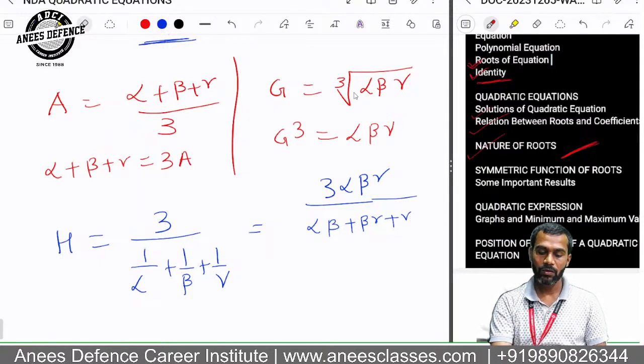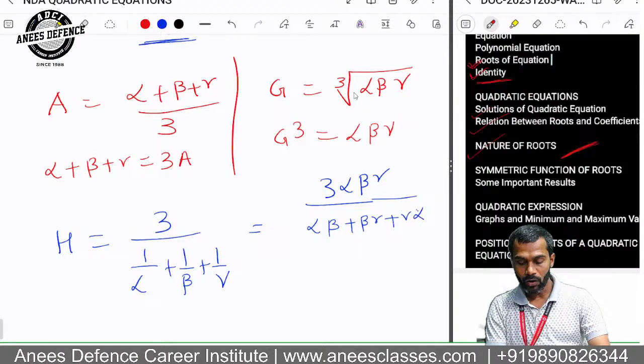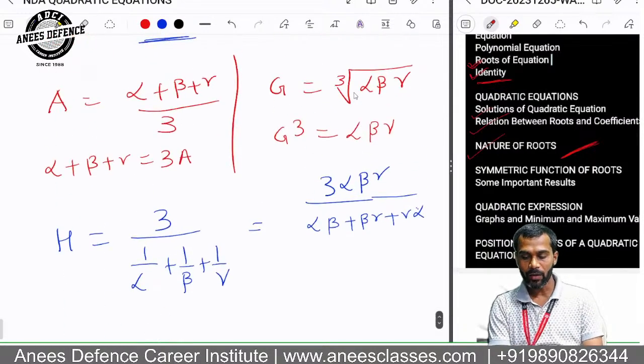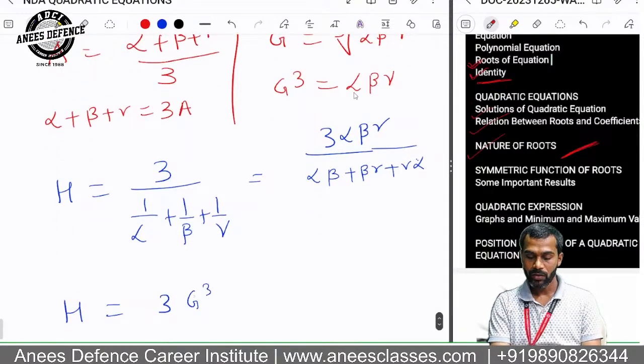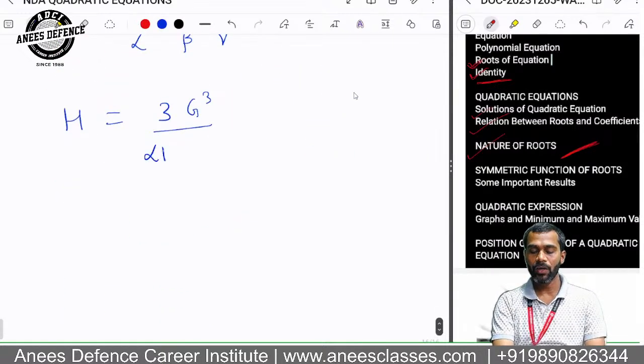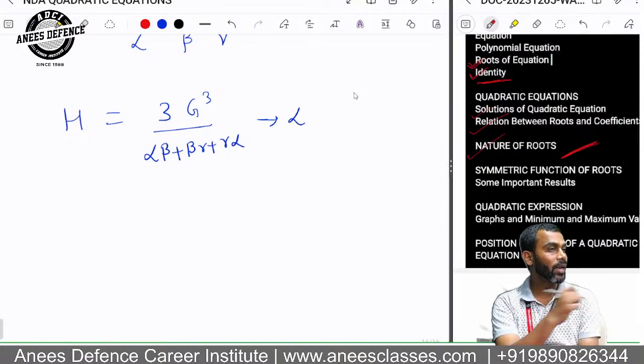Okay. Next, what we have to do? Now, H is equal to 3 alpha beta gamma, which can be written as G cube, divided by alpha beta plus beta gamma plus gamma alpha. Then what can I do? Alternando we can apply.